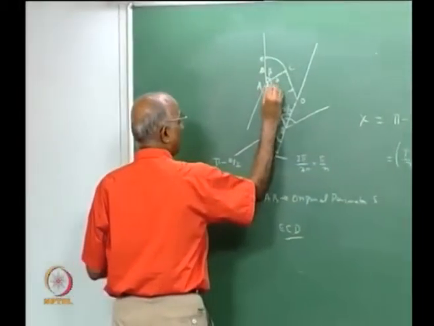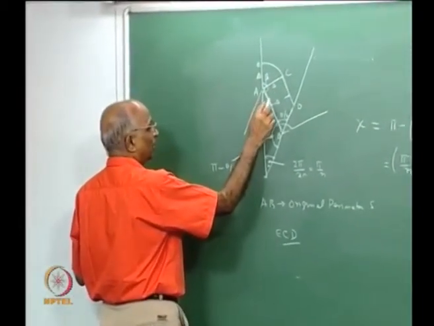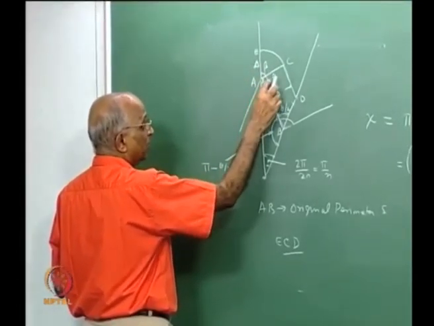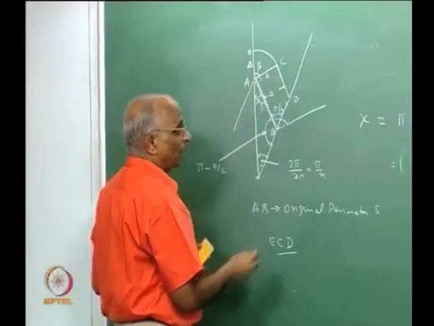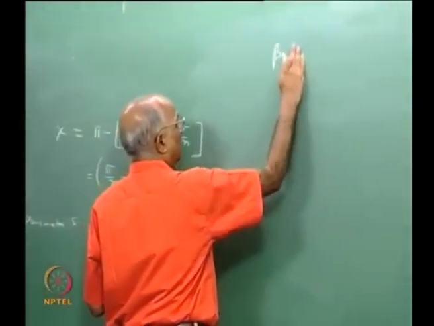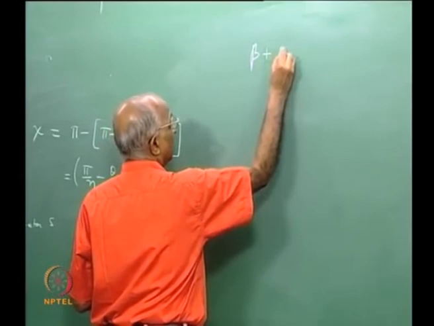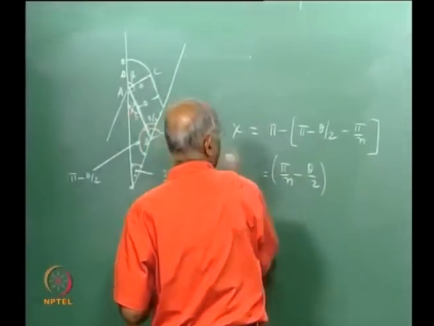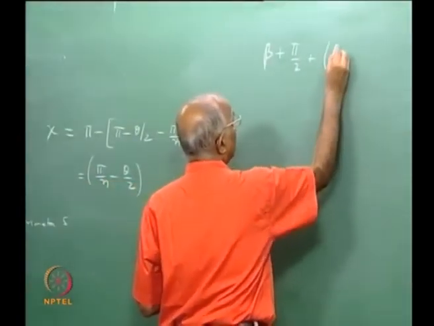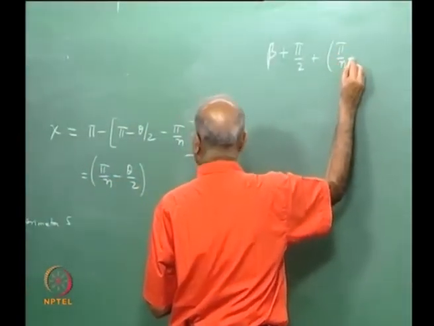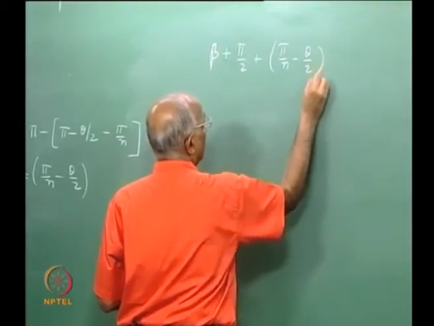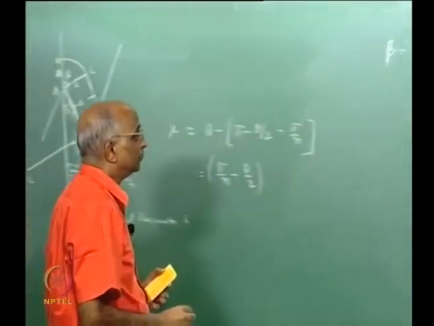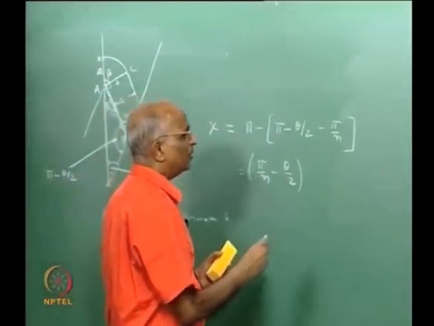This is a right angle over here, therefore we have beta plus pi by 2, that is 90 degrees, plus the angle chi, which was equal to pi by n minus theta by 2, equal to 180 degrees, which is equal to pi. Therefore, what is the value of beta from this?